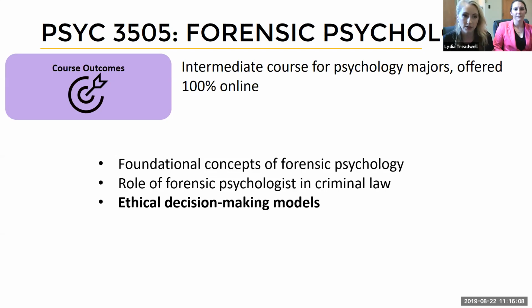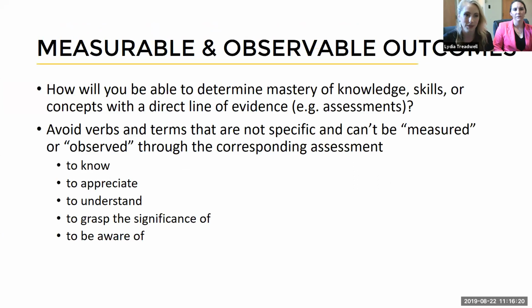So we're going to focus on that third concept as we develop our measurable and observable outcomes. So those ethical decision-making models will be our jumping off point for the first outcome that we will write.